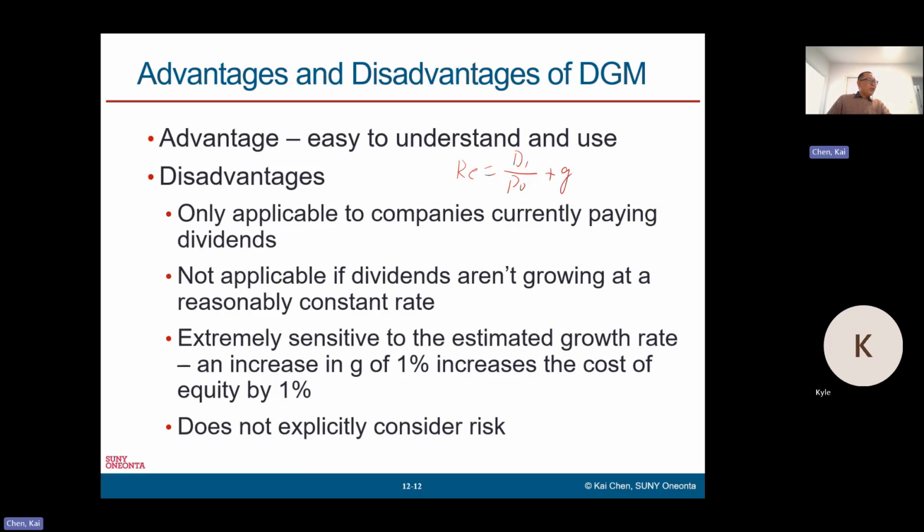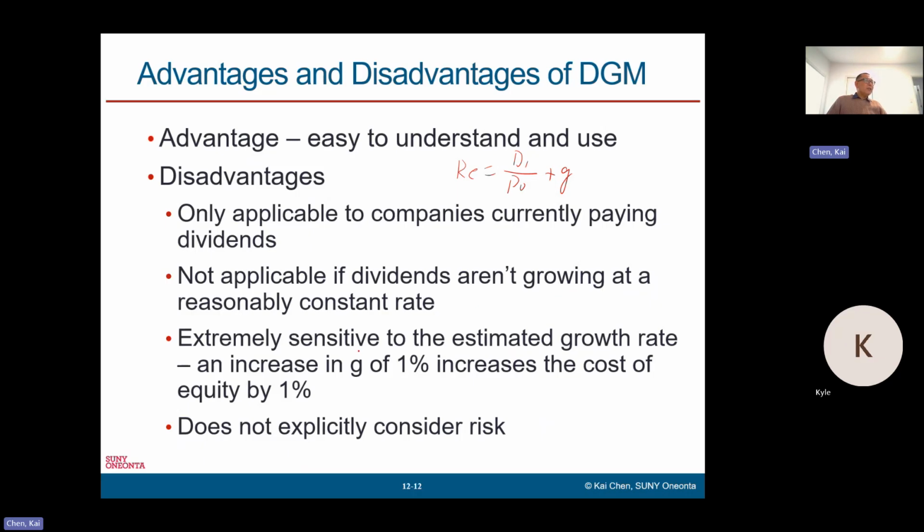An increase in g of 1% increases the cost of equity by 1%. So the cost of capital is very sensitive to the estimated growth rate. However, it is very difficult to accurately estimate the growth rate. So this is a disadvantage.